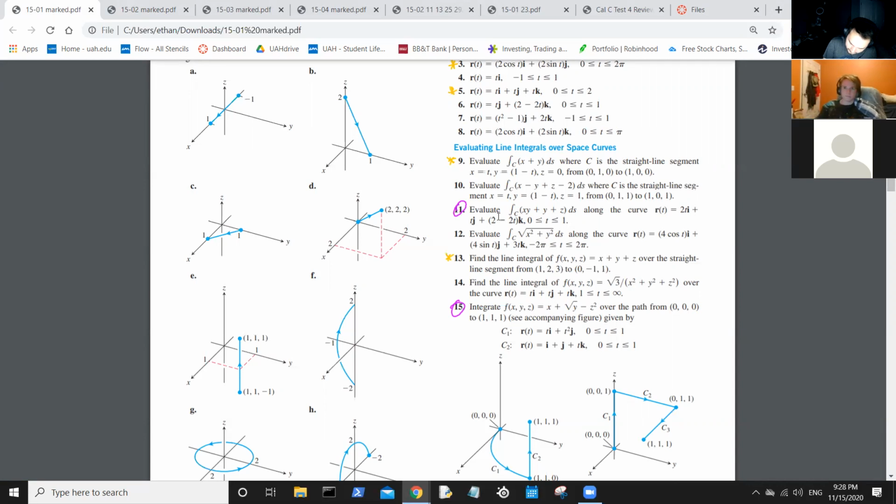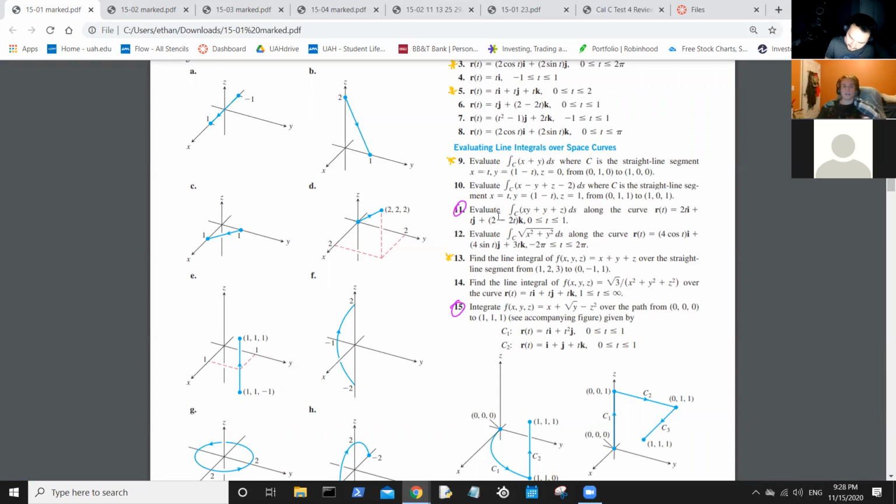We got 4/3 t cubed. Probably a step we're missing. So I'm going to look at the old homework and see what that gives us. 3 plus 5 over 2 minus 4.